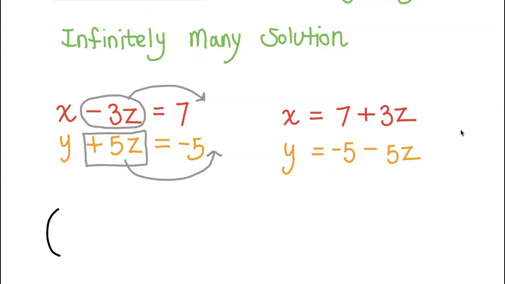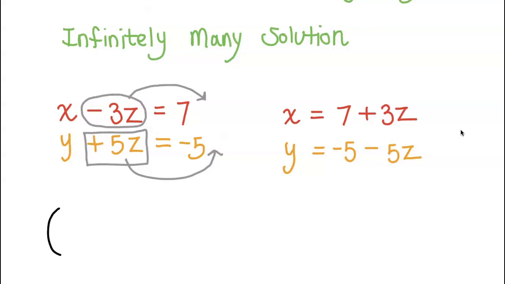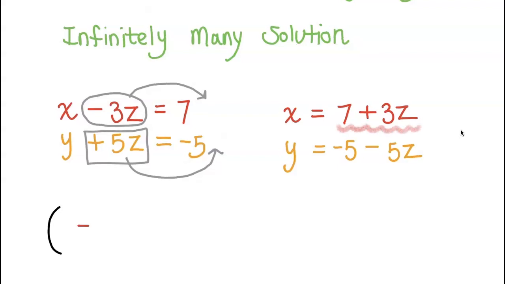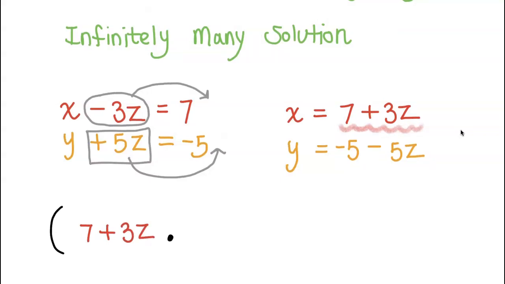So we can write the final answer now. Look what x has to be: x has to be 7 plus 3z. I'm going to say 7 plus 3z for x, comma. Now, what does y need to be? y needs to be -5 minus 5z, comma.